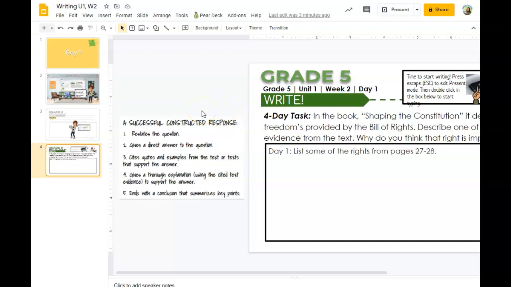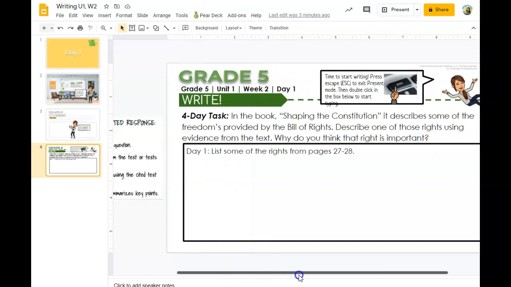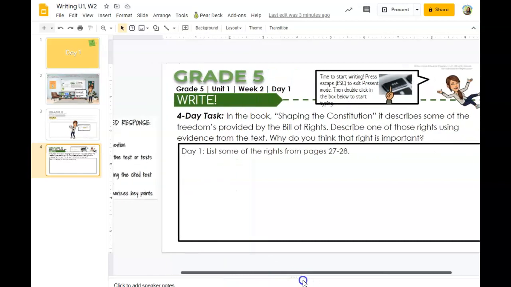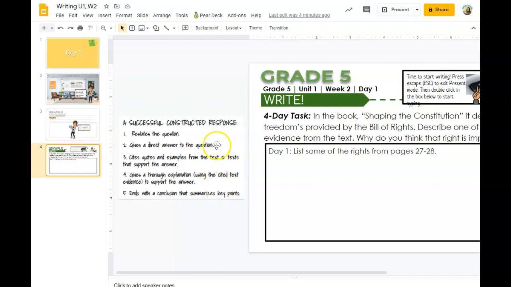Remember RACE. 1, it restates the question. That's where the R comes from. So I need to restate the question in my answer. A, I answer the question. Gives a direct answer to the question, so I need to actually make sure I answer it. 3, cites quotes and examples from the text or texts that support the answer.